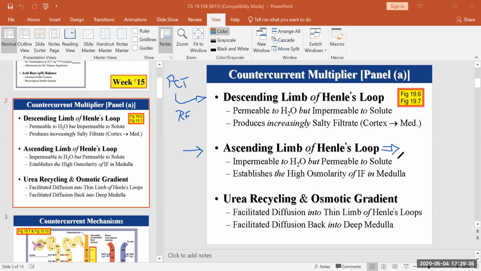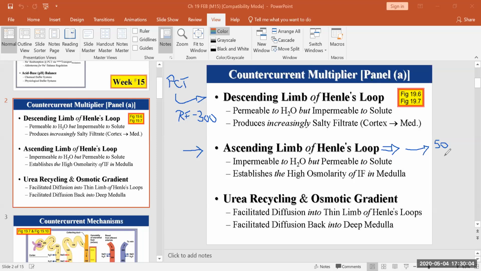So it started off here at 300 at the beginning. The osmolarity of the renal filtrate is around 300. But when it's leaving the loop of Henle, it can go all the way down to 50. In your book, it says 100, but it can go all the way down to 50.